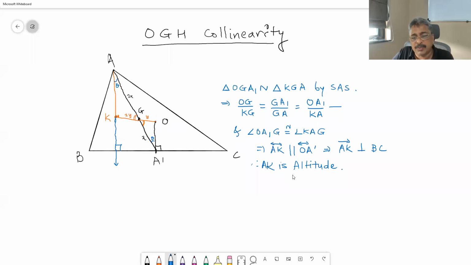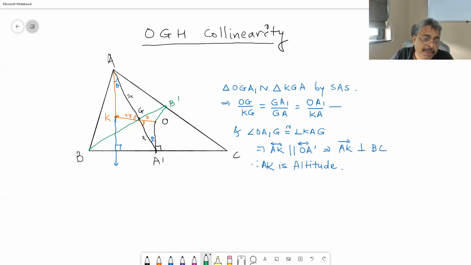Whatever we have done for vertex A, we can easily do for the others, which I will quickly do. Suppose this point is B', I draw a perpendicular. Then BB' is your median, and they are concurrent at G, correct? So what did we do? We joined OG and went back to K. That means the line OGK continues to remain the same for the other vertex also.